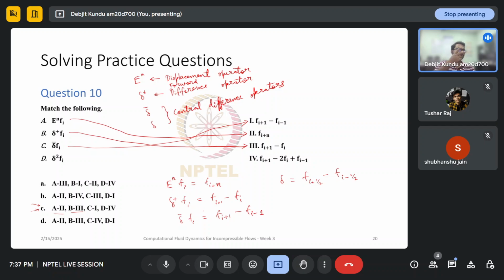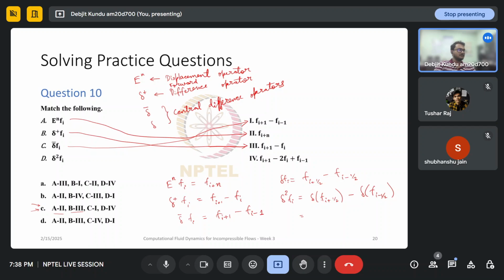Now if you do it twice, delta squared f_i would simply mean that I will again have to apply delta f on i plus half minus delta again on f at i minus half. So if I do that, then what will I get?